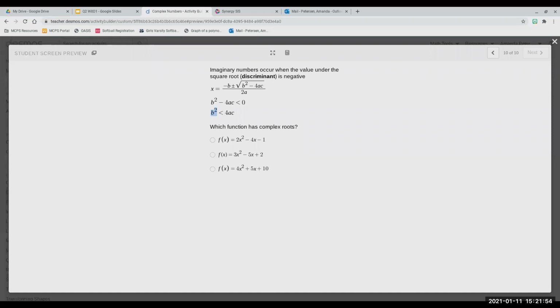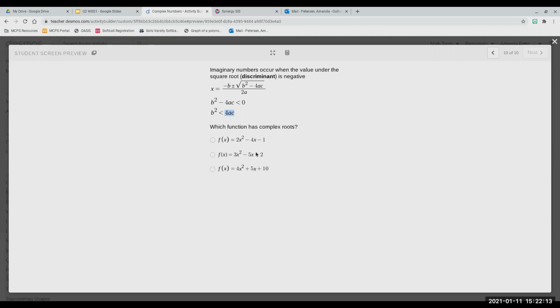If b squared comes out to be 1 and 4ac comes out to be 5, well, 1 minus 5 would be -4. We'd end up with a negative underneath the square root. And again, that happens anytime your 4ac value is bigger than your b squared value.